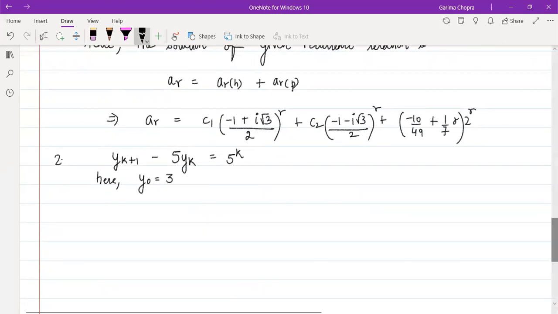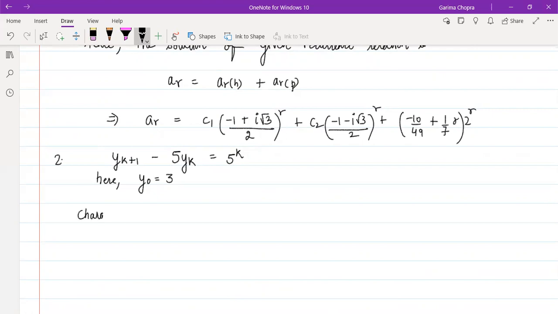So again here, first of all, we will mention that this recurrence relation is a non-homogeneous linear recurrence relation with constant coefficients, and its order is 1. So firstly, we will find the homogeneous solution, and for that we will consider the characteristic equation.